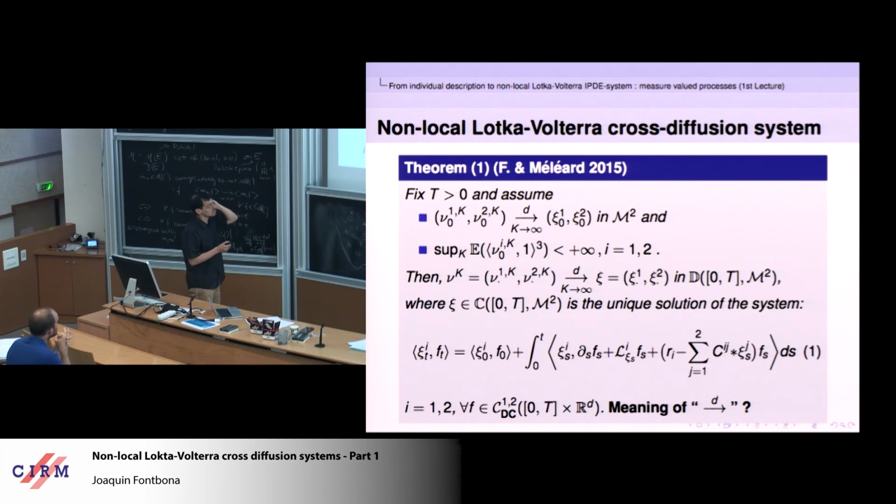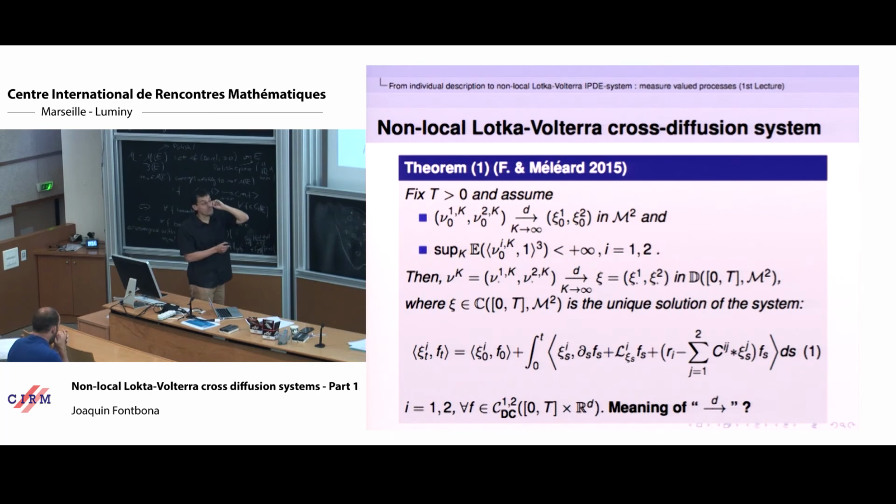One assumption is that the initial conditions converge, and as a consequence, I get convergence of the law of this process. The laws of these processes are probability measures in the corresponding space, and here I get this in the Skorohod space, which is the space of càdlàg paths in this measure space.